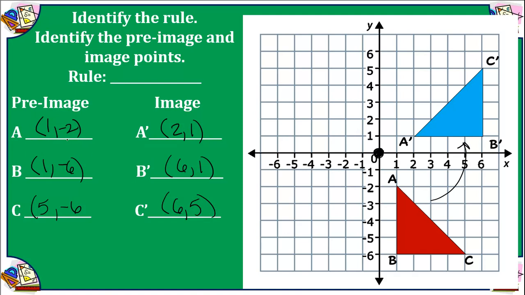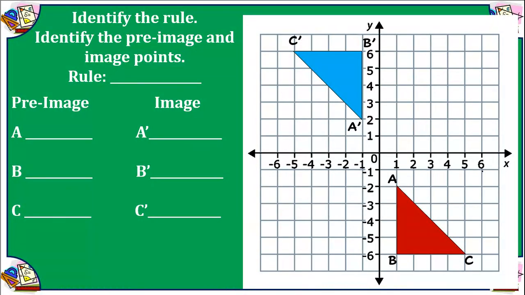So we notice that our x values 1, 1, and 5 remain the same; they just switch positions. And then the y coordinates changed to their opposite values. So this was a rotation, so capital R, about the origin, and it went 90 degrees. Now, sometimes we may not put the origin because we're going to assume that this lesson is rotating about the origin.